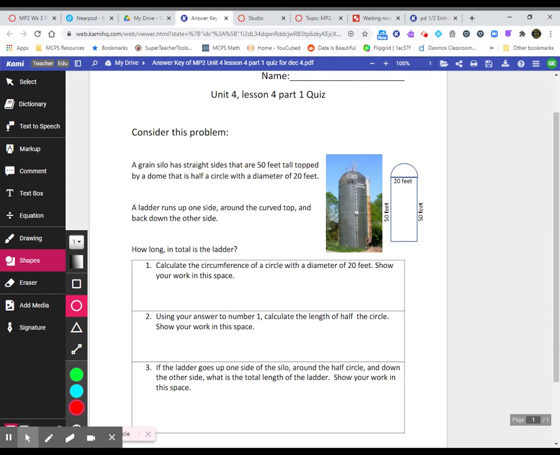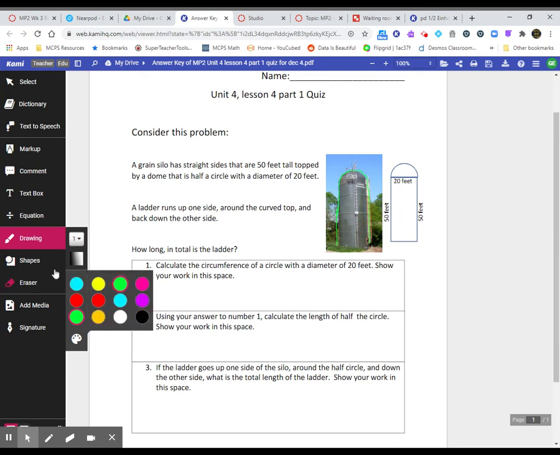A grain silo has straight sides that are 50 feet tall, topped by a dome of 20 feet. A ladder runs up one side. So we're going up one side there, over the top, and back down the other side. If we look at where it's actually going, it goes up one side.